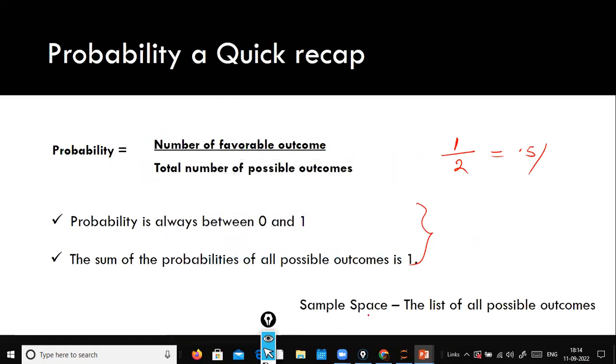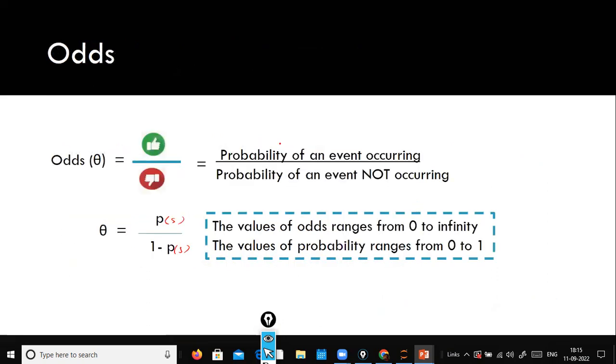The sample space is like a universe, the list of all possible outcomes. In this case the possible outcomes are only success or failure, and the value for the sample space is 1. So if you subtract the probability of success from 1, you are left with the probability of failure. That is what the equation is all about.